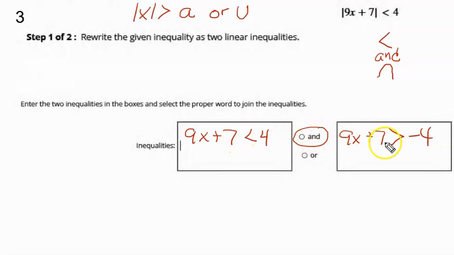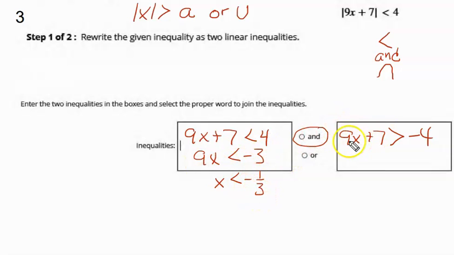And that's what I believe they want in this step. Now, to solve this, which is a two-step problem, 9x is less than, transpose the 7 on this side, it becomes a negative 7, and 4 gives you negative 3.